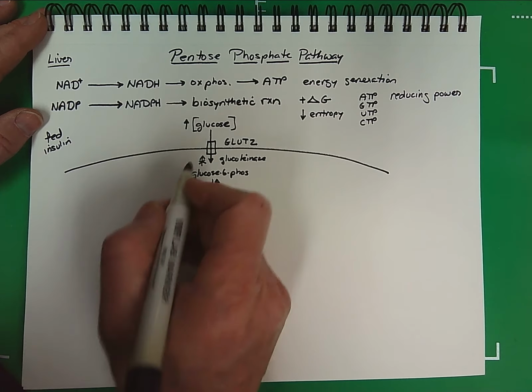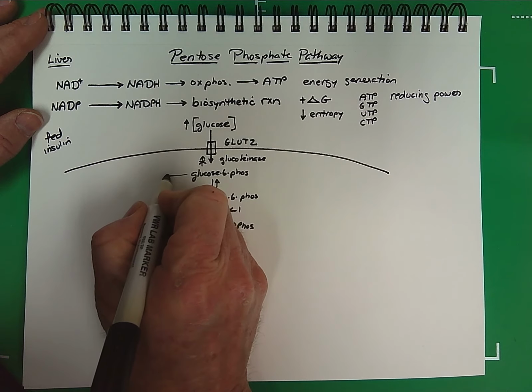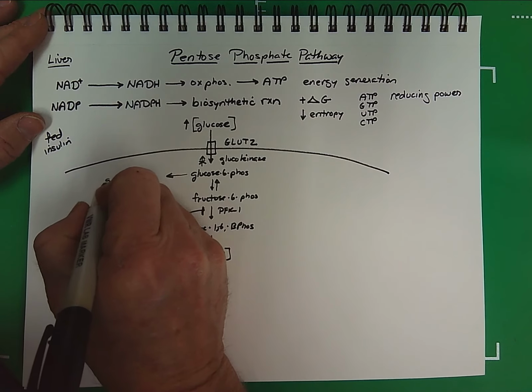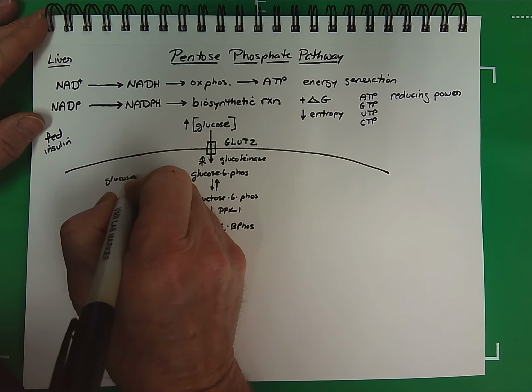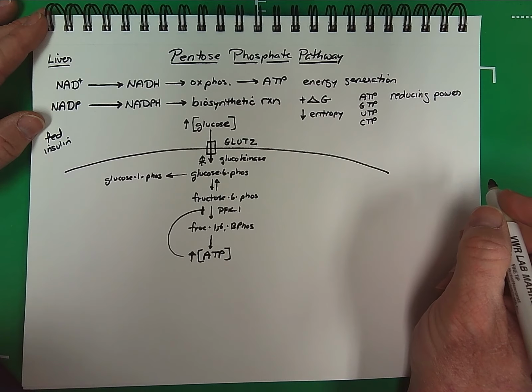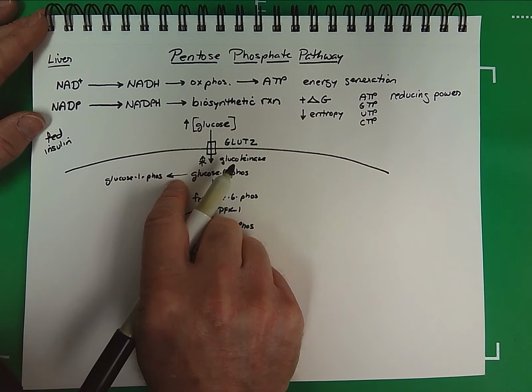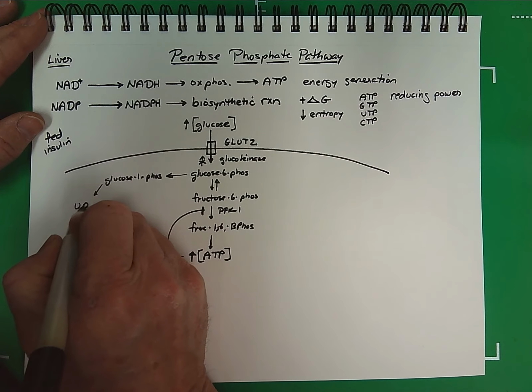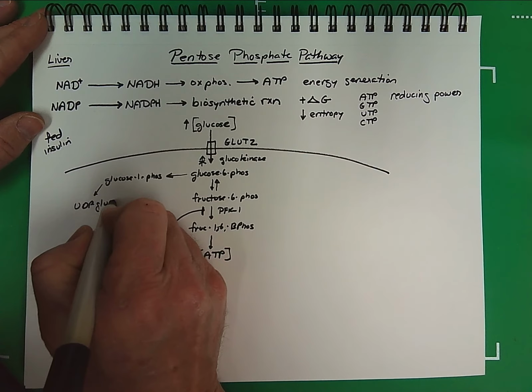Now for glycogen synthesis, we shift the glucose 6-phosphate into glucose 1-phosphate by our phosphoglucomutase enzyme. And then recall this is charged by UDP glucose formation.